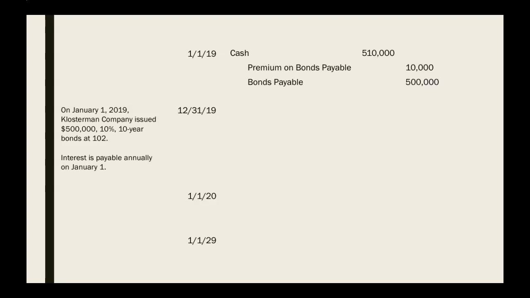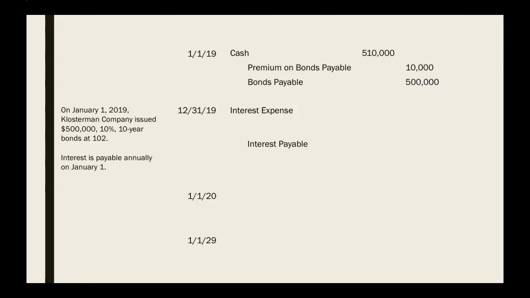Now for the accrual of interest on December 31st, 2019. So you'll notice that we were given 10%. This is when that 10% will come into play. That's an interest rate on these bonds, right? So we are the one that will have to eventually pay the interest on these bonds. So we deal with accounts like interest expense and interest payable. So we debit interest expense and we credit interest payable.